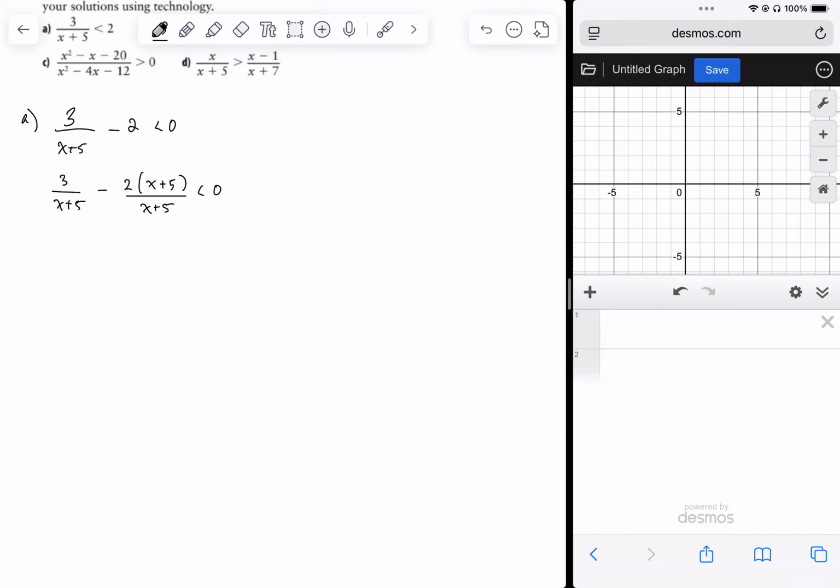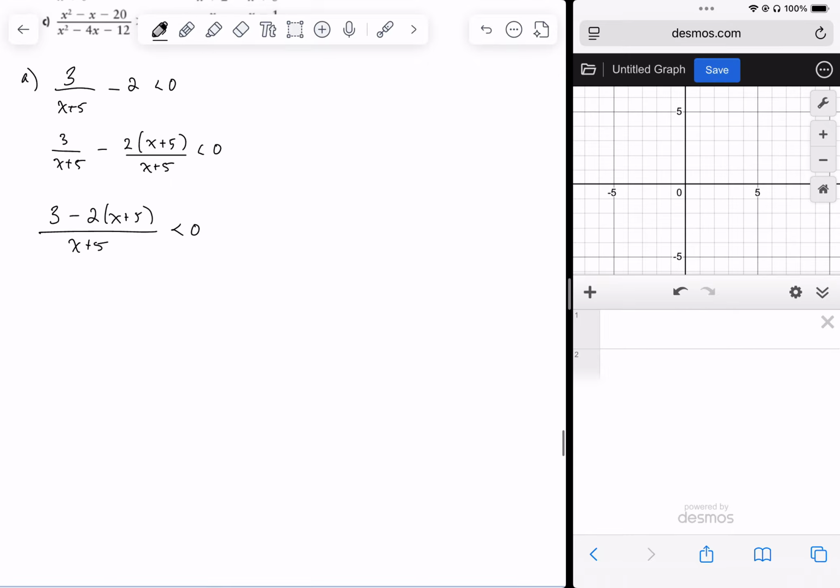Now that the denominators match, I can write the numerator in one numerator over one denominator. So I'm going to write 3 minus 2 times x plus 5 over x plus 5, and that has to be less than 0.